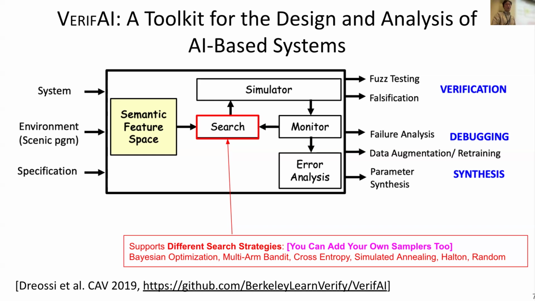That's what I mean by falsification. Once you collect and identify multiple counterexamples, you can start doing failure analysis as to which environment parameters that we sampled tend to be highly correlated with the failures that we see, right? And data augmentation and other use cases. Any questions?